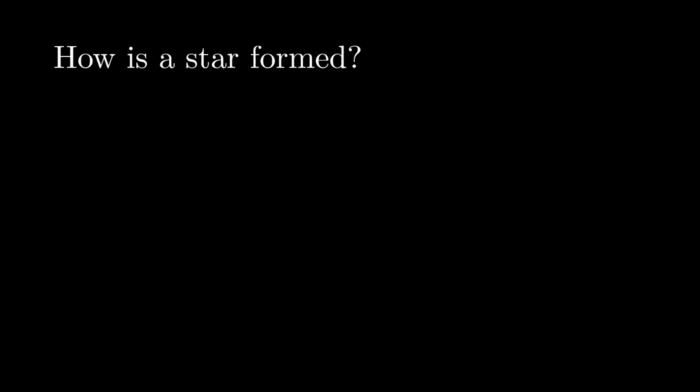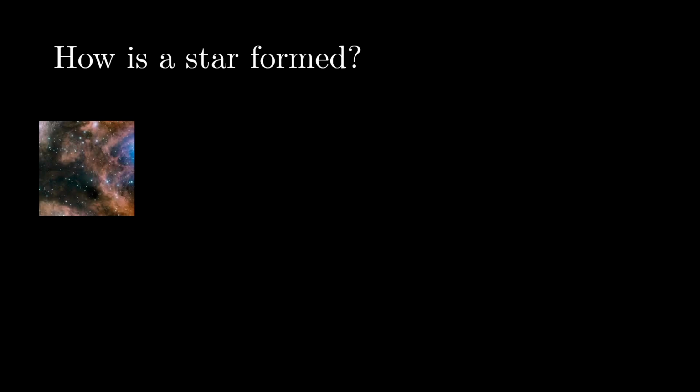Anyway, let's talk about how a star is formed. So, in the universe, there's just a bunch of gas and dust, and this is called nebula. So it's basically just clouds of dust and gas in space, just floating around. And each particle in this cloud of dust and gas has a small gravitational force.